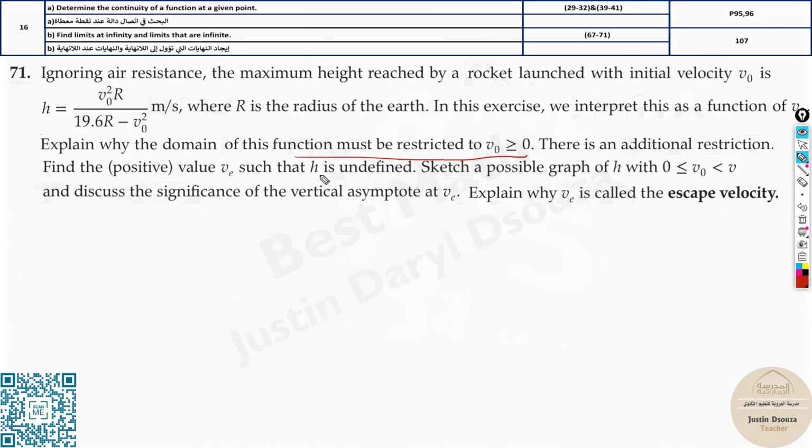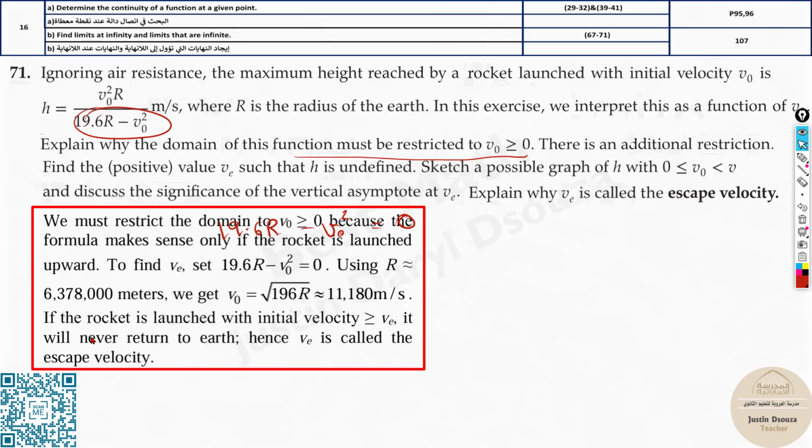What about this H? Let's equate this entire term, 19.6 R minus V0 squared, to 0. Let's solve it. Now what is R? R is the radius of the earth. So that is like 6,000 plus. I'm really not sure. Yeah, it's 6,000.